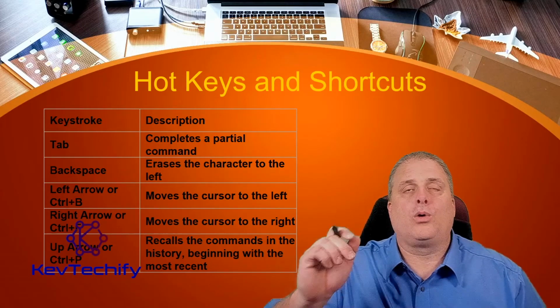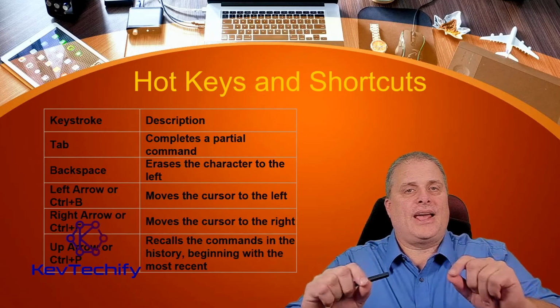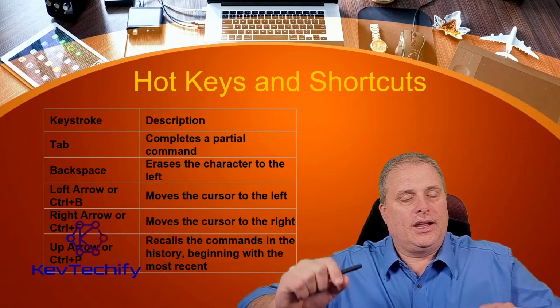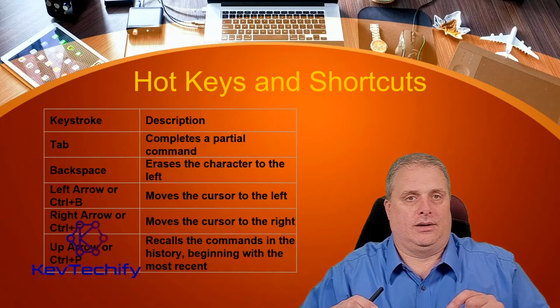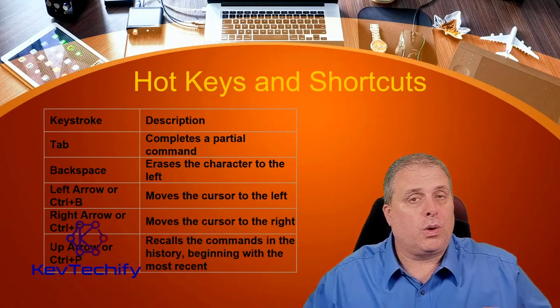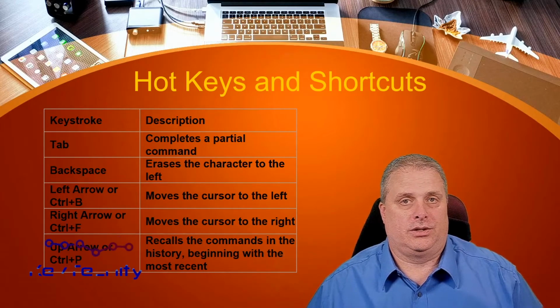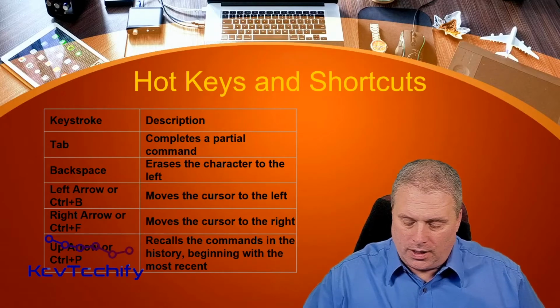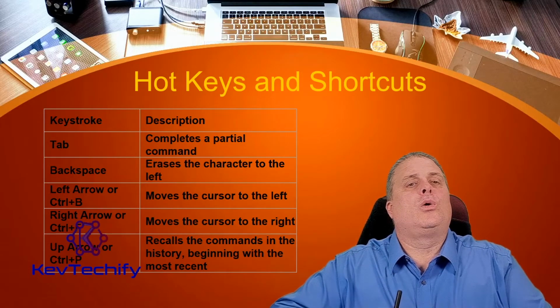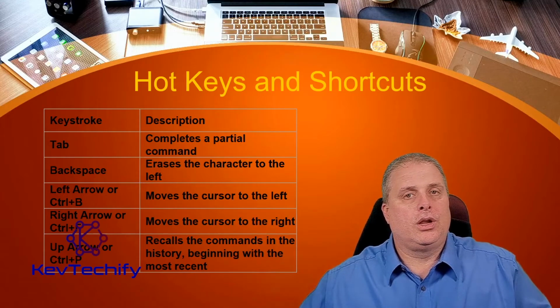If you hit the up arrow once, it'll display the last command you typed in, and if you hit enter, it'll do that command again. If you hit up arrow twice, it'll go back two commands in its history, and if you hit up arrow 20 times, it'll go 20 commands back.